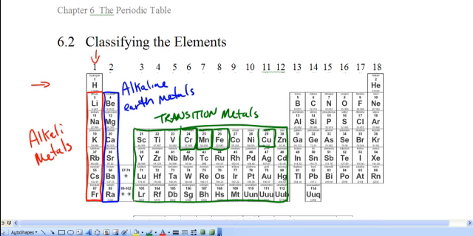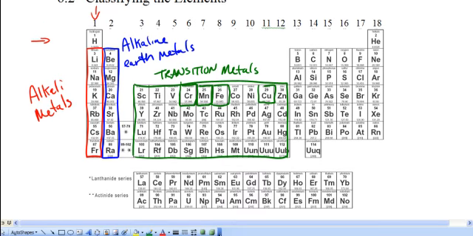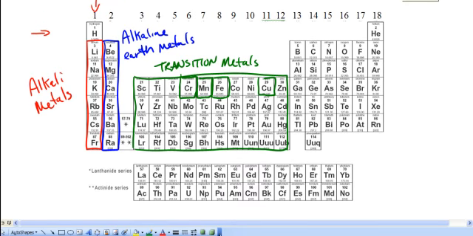Actually, I'm going to scroll this down just a little bit. We're talking about the transition metals. The F block, I'm going to do this in a different shade of green. We'll throw them lime green. How's that? Let's see if that shows up. The F block here, down below the periodic table. Of course, the F block actually fits right in between the alkali metals and the transition metals. That's actually where it would fall.